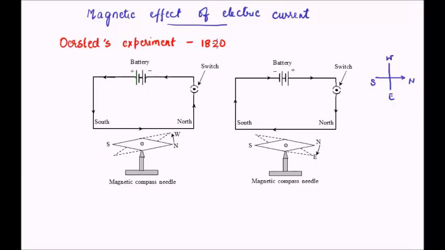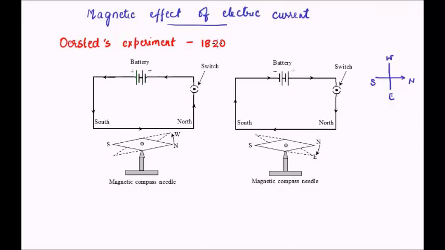A wire, if it carries current, will have a magnetic field produced due to the current being carried. This magnetic field is detected by the use of a compass needle, that is a magnetic needle.